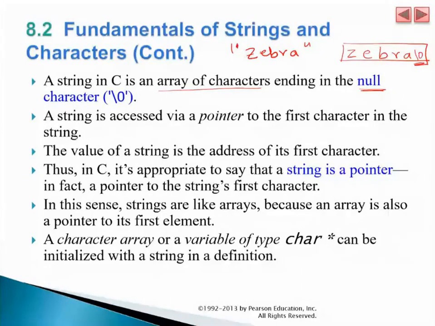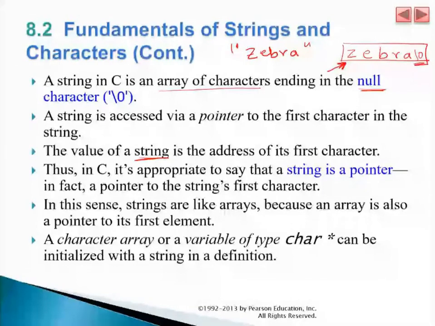So you can consider a string as a pointer to the first character of the string, and the value of the string is the address of this first character. Whatever is the address of this character, it will become the value of the string. So in C we can say a string is a pointer of which type?